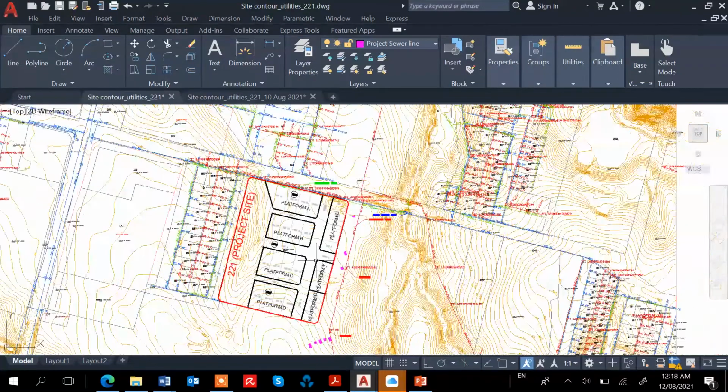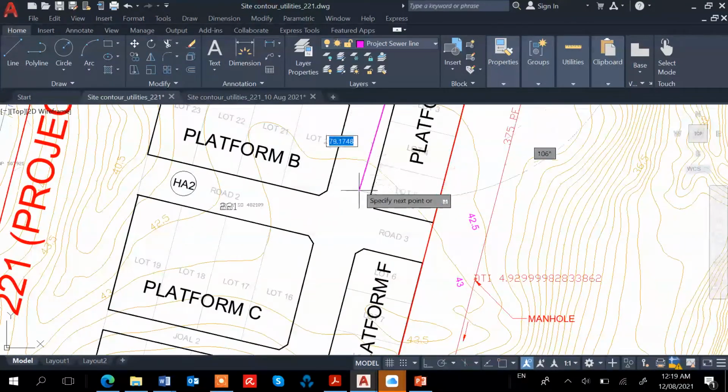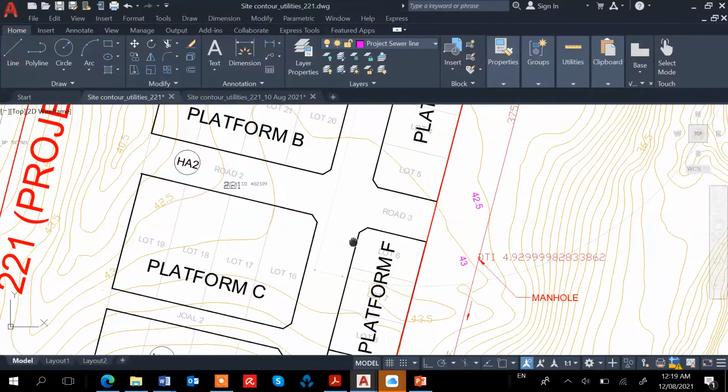Okay, so I just use a P line, PL, just roughly.